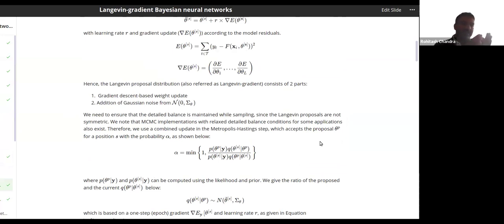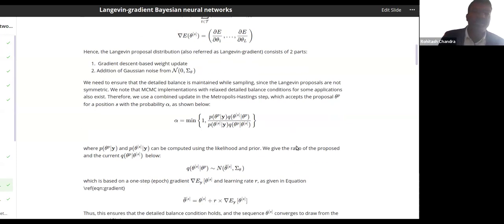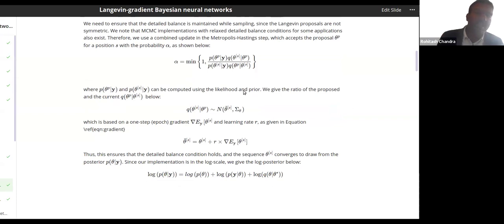And with that, you do not need to cater for the proposal distribution in the Metropolis Hastings step, right? Whereas in this case, we need to cater for the proposal distribution, because we are not using the random walk proposal distribution anymore. We are using the Langevin gradient proposal distribution. So we are going to see that in a bit.